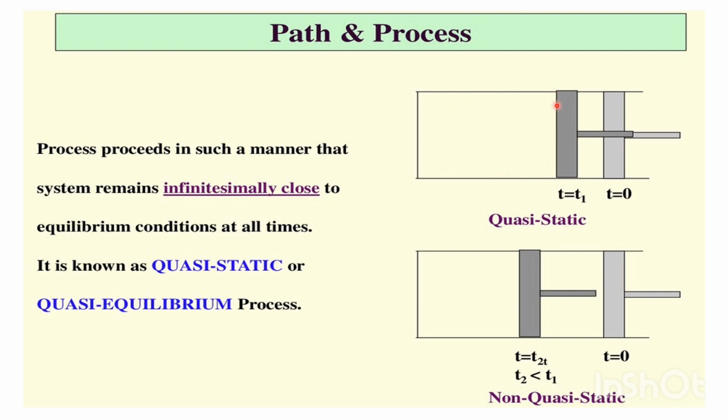Equilibrium means, don't be under the impression that initially the volume was some 5 meter cube and after compression it is some 3 meter cube. At t equal to t1, all the properties are uniform. Temperature is the same here and here. Pressure is the same here and here. Volume is also the same. That means it remains close to equilibrium conditions at all times.